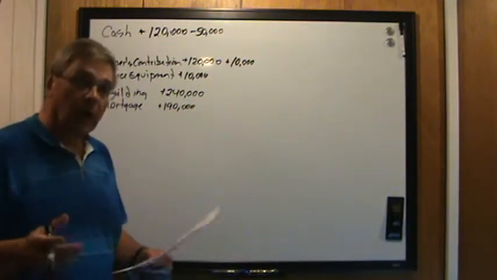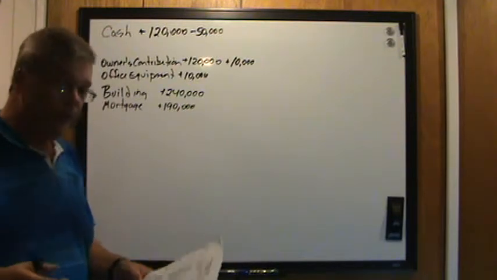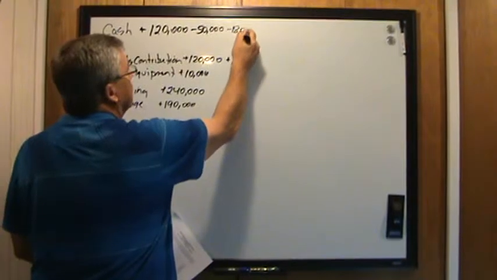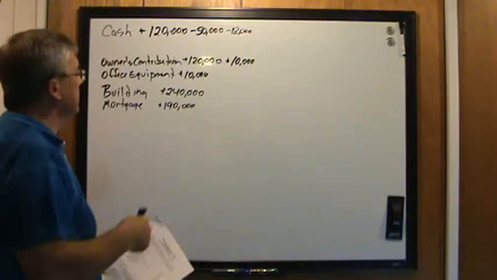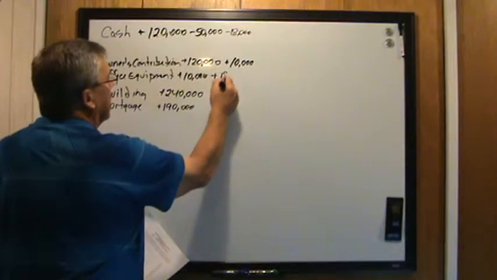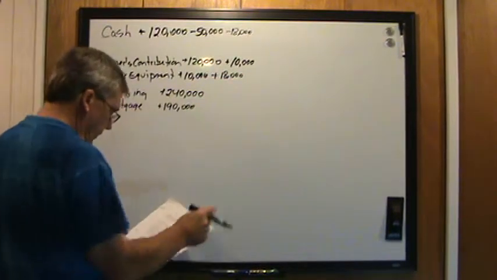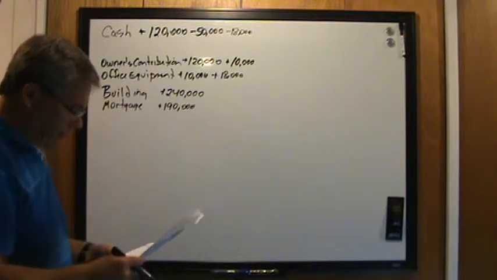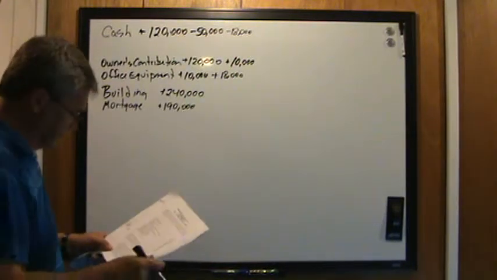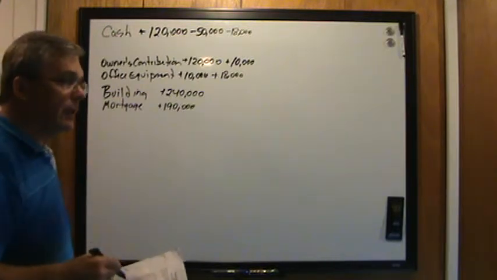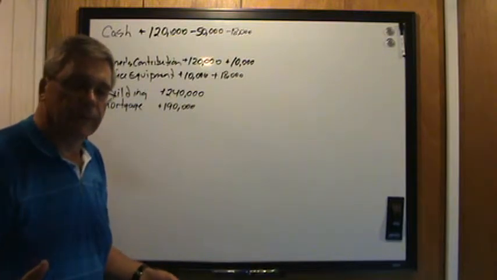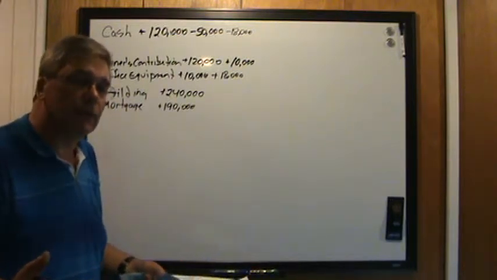Now we purchased some more office equipment. We paid cash for this, so we used another $18,000 in cash, so it goes down, and we have office equipment going up by $18,000. Purchased $4,000 of office supplies on accounts payable. Office supplies is a current asset. It's paper and pens and the sorts of things that you need in an office to run it.